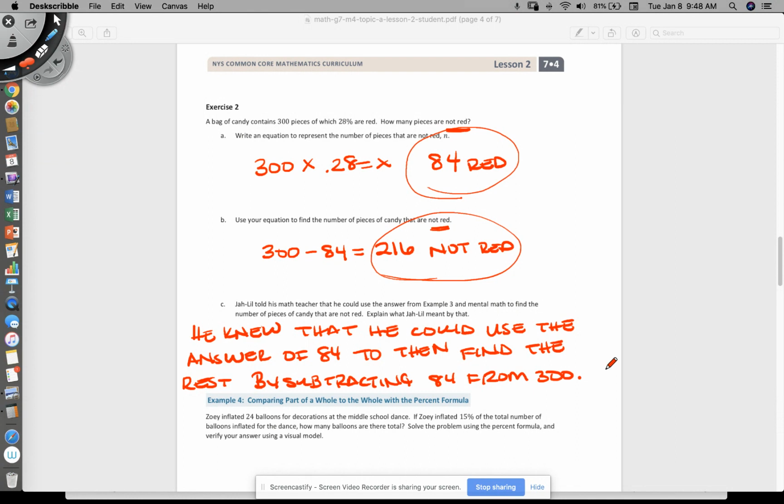So yes, you could have done mental math on that one in the event that you understood how to find the remaining pieces.